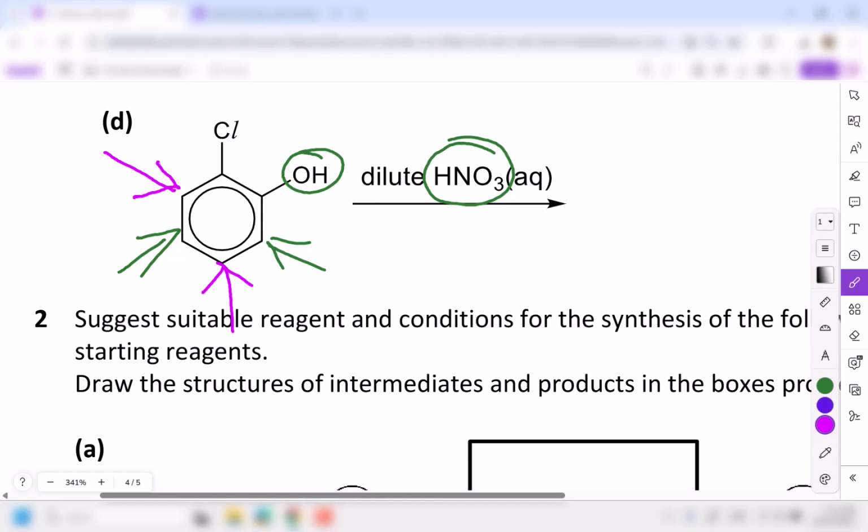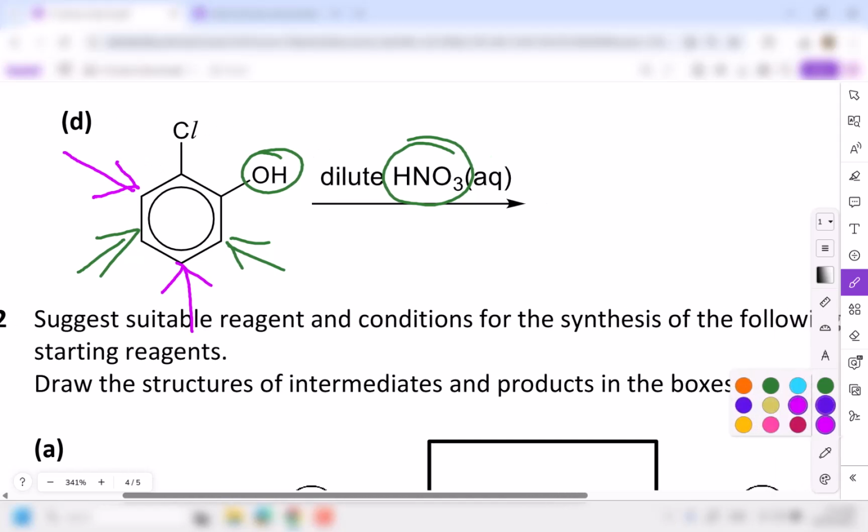So what have we noticed? We noticed that it might be a competition between the green and the purple arrow, but in reality, do we draw any answers from the purple? Of course, the answer is no. When you have two competing groups, one a strongly activating group and the other a weakly deactivating or deactivating group, the directing effect will always follow the activating group.